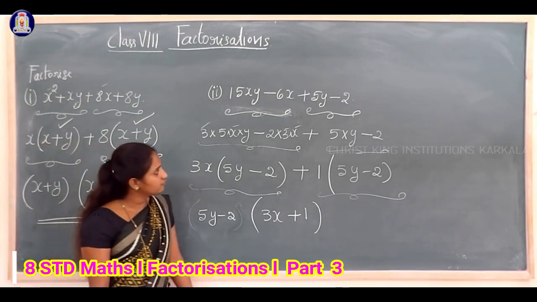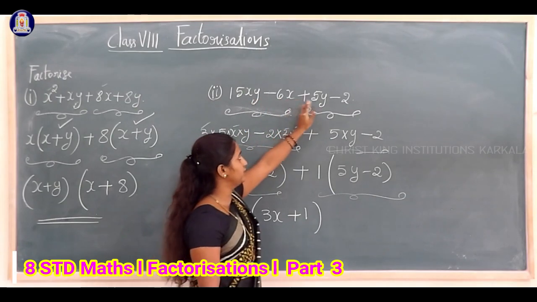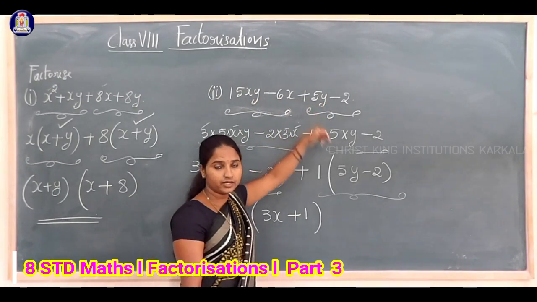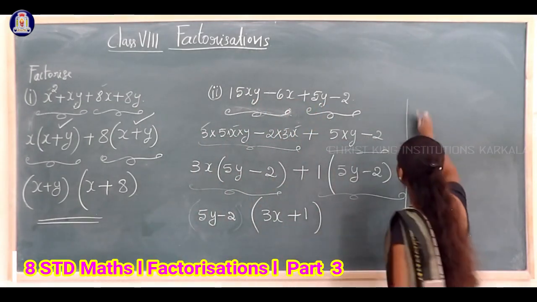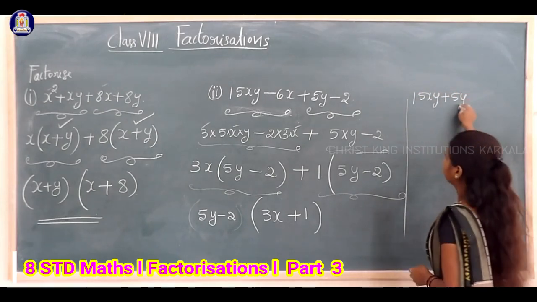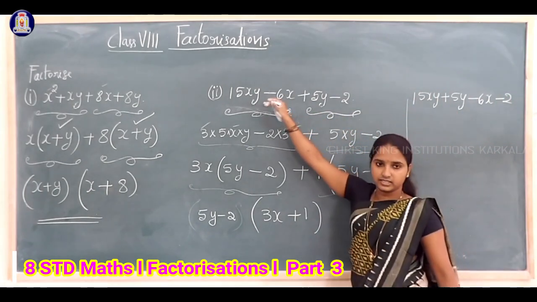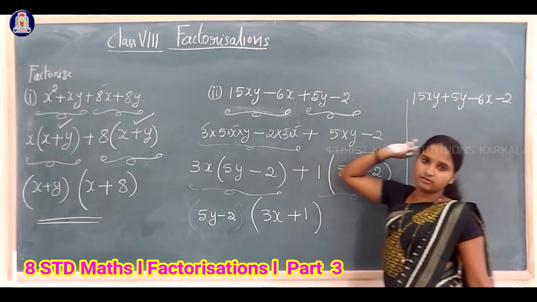Clear? Now, you can also write 15xy and 5y together. Understood? Like this you can also write 15xy plus 5y and minus 6x minus 2. While writing the number, write the sign also.